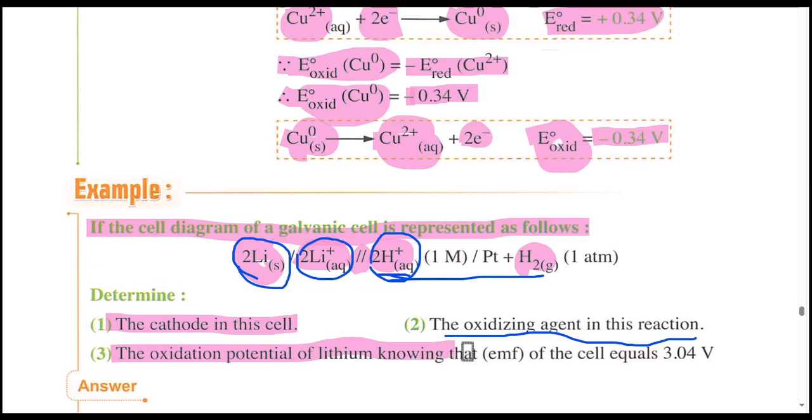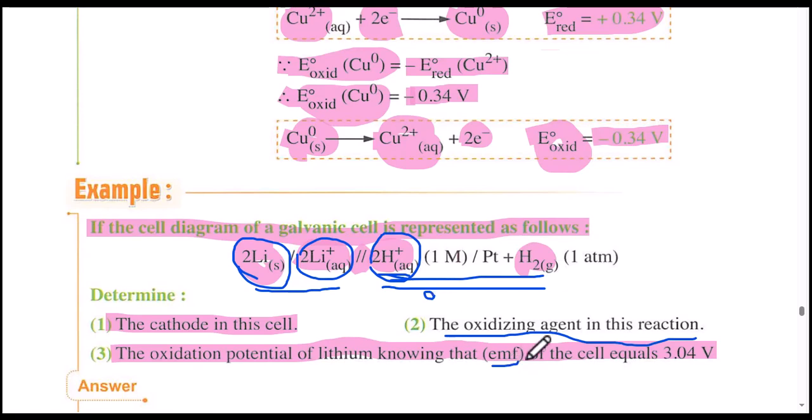So the third point, the oxidation potential. Calculate the oxidation potential of lithium, knowing that the electromotive force of the cell equals 3.04 volt. In this case, the electromotive force equals the oxidation potential of the anode plus the reduction potential of the cathode. But the reduction potential of the cathode equals 0, as it is a standard hydrogen electrode.